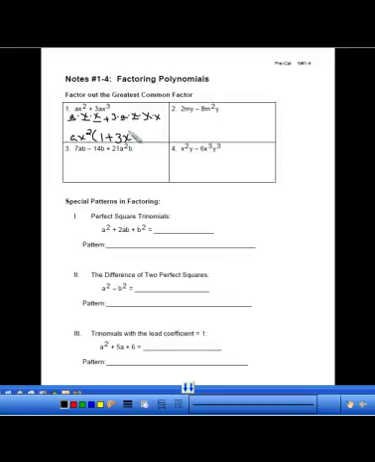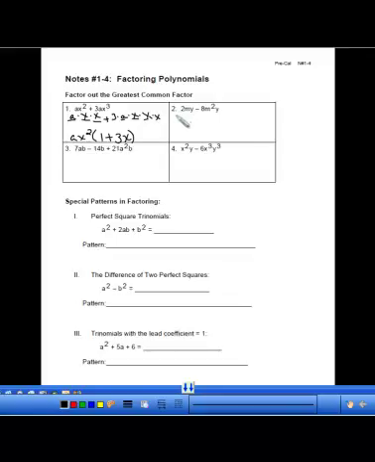So if you need to, you can go through and separate these things out, just like when I showed you multiplying bases with exponents. You can separate them all out, underline the pieces that they have in common, and then write down the factors with the greatest common factor in front. Most of the time you're not going to go to that much trouble, but it doesn't hurt to do that.